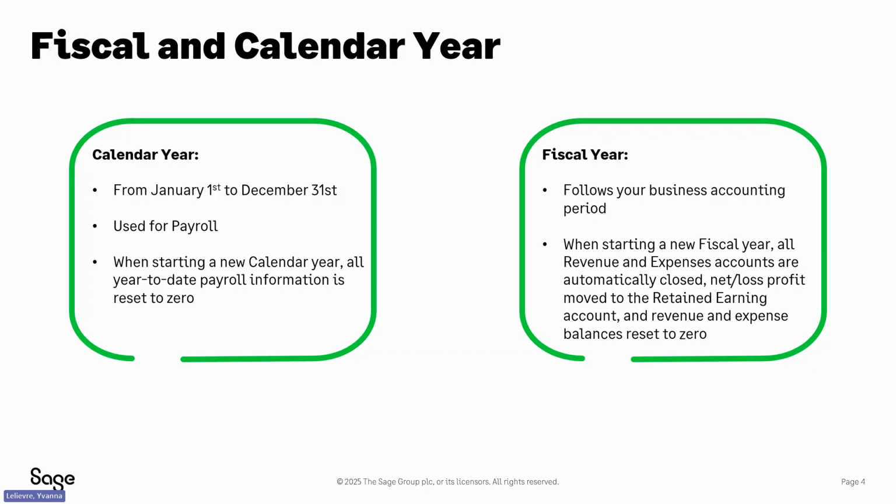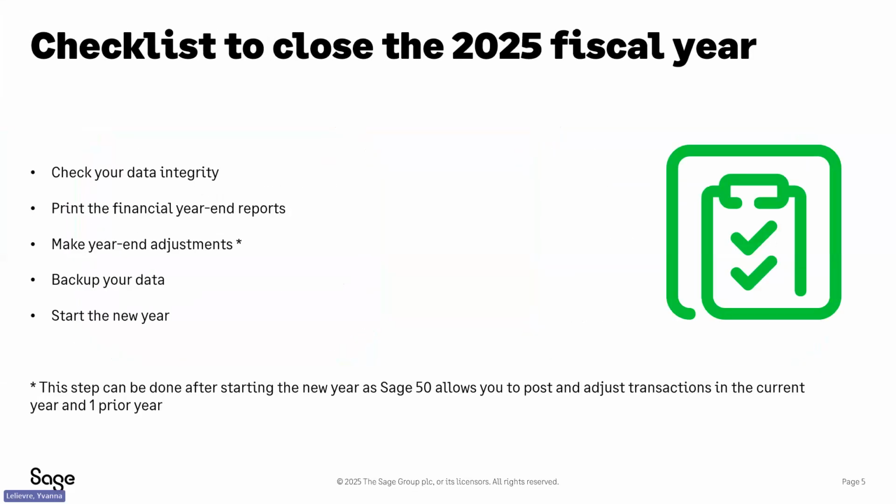For instance, you're going to see the net loss or profit moved to the retained earnings account. And in your income statement, you're going to see the revenue and expense balances reset to 0. So how to prepare to close those years and start the new ones? Let's start with the fiscal year.